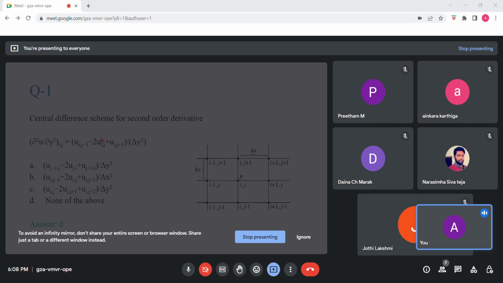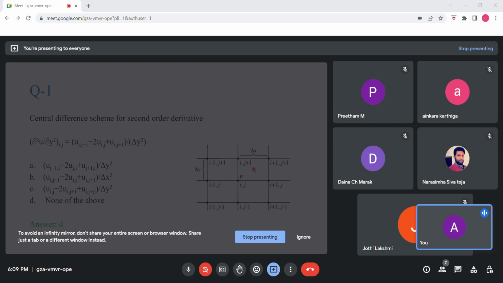This is a second order derivative, so we use the central difference scheme. If we need to get ∂²u/∂y² at (i, j) using the central difference scheme, we use the point at (i, j-1) and the point value at (i, j+1), together with the point (i, j).